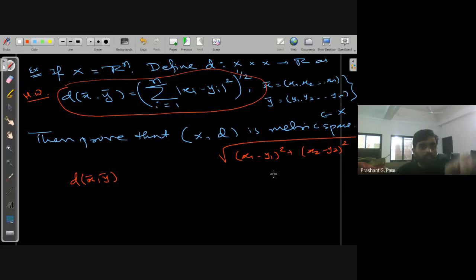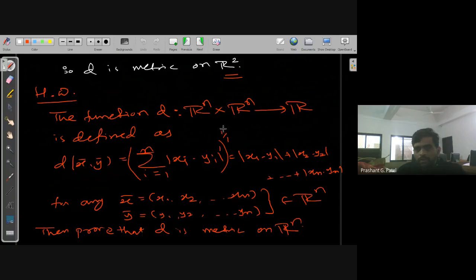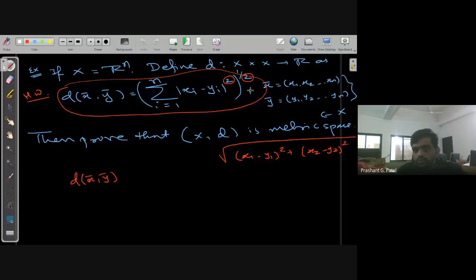But further, one can generalize this, because previously we have seen power 1, and here is the example for power 2.